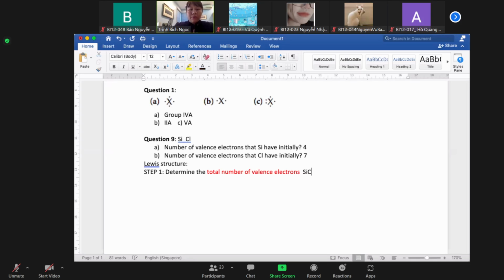So the total number of valence electrons of silicon chloride will be how many? 8. Oh, sorry. The total number of valence electrons of this molecule equals 4 plus 7 multiplied by 4, will be how many? 32. 32 electrons.